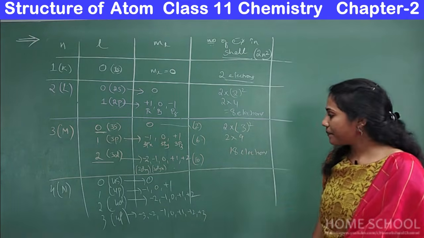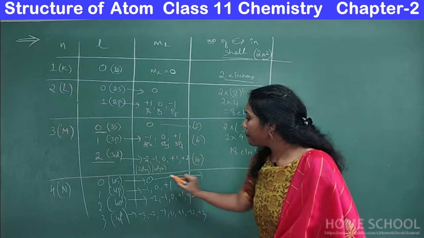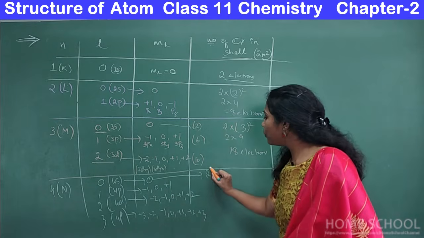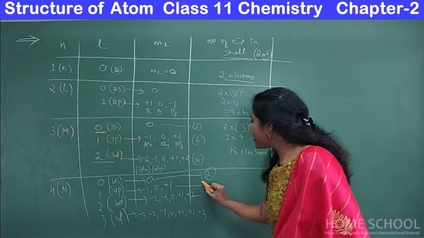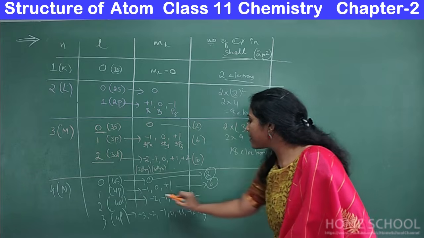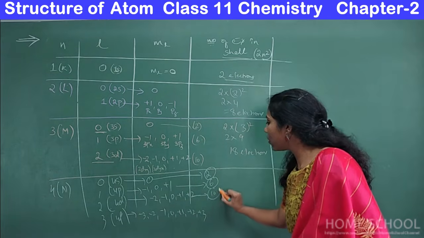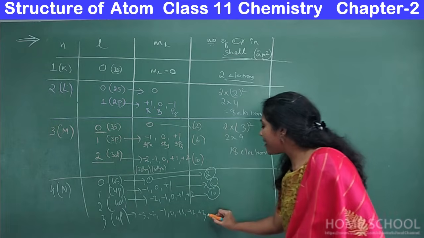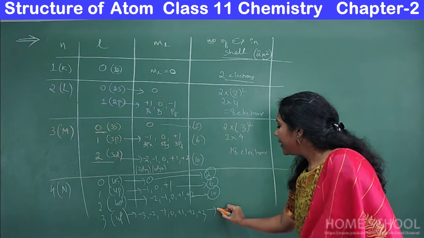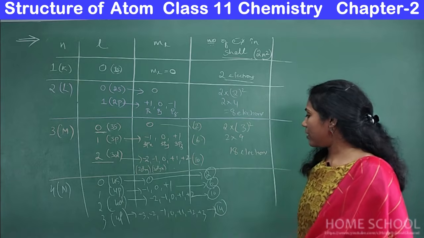So here the 4s subshell can have 2 electrons and the 4p subshell can have 6 electrons. The 4d subshell has 5 orbitals, so 10 electrons, and the 4f subshell has 7 orbitals, so it can accommodate 14 electrons, right?